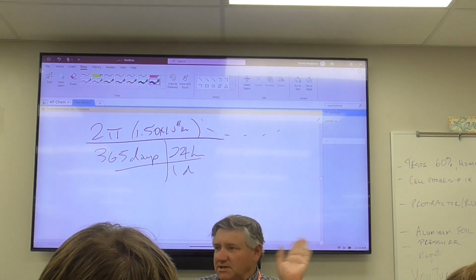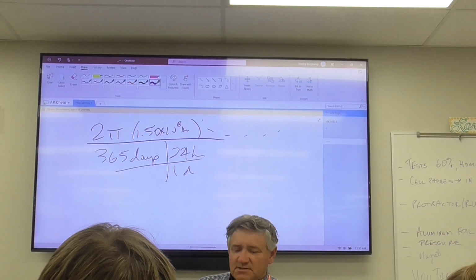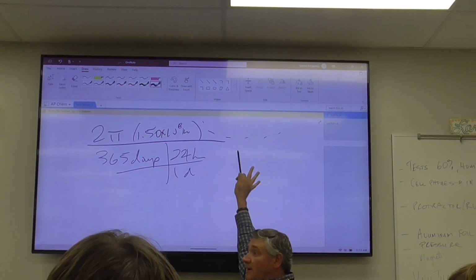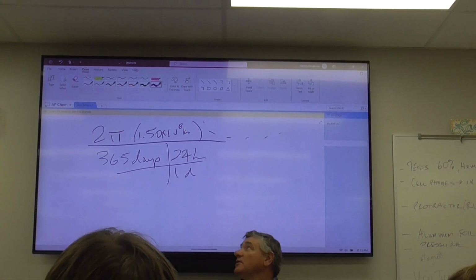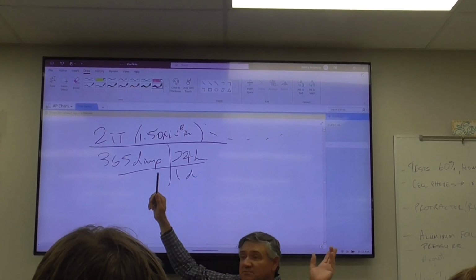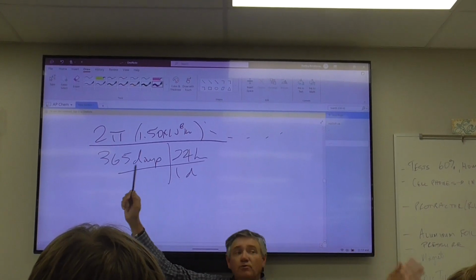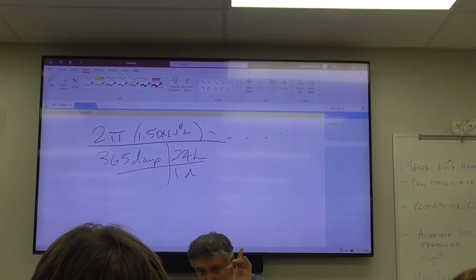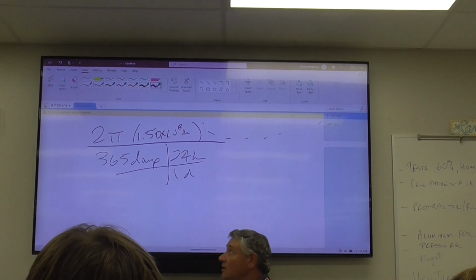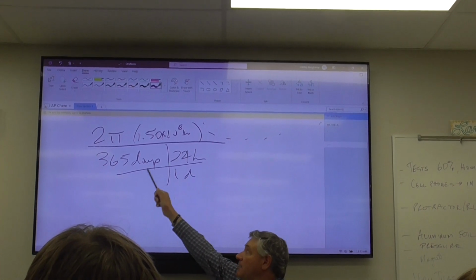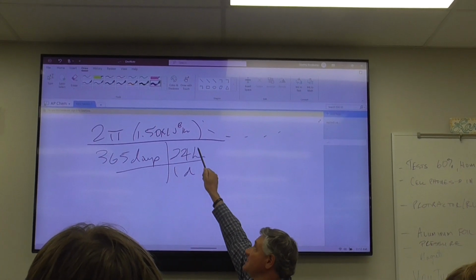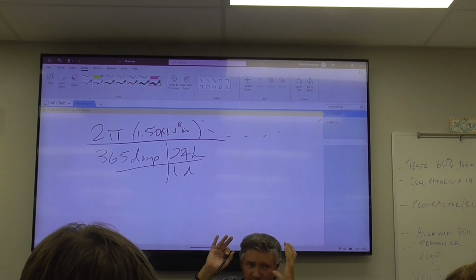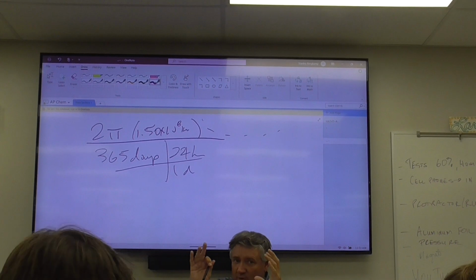So there's a couple ways you can do this. If you only take 365 times 24 and get that number by itself, cool. If you want to do this all at once and plug it into your calculator, cool. If you're going to do it all in one step, though, word of caution: when you hit that divide button, you have to put the 365 and the 24 in brackets, so that it mathematically is treated as one entity.